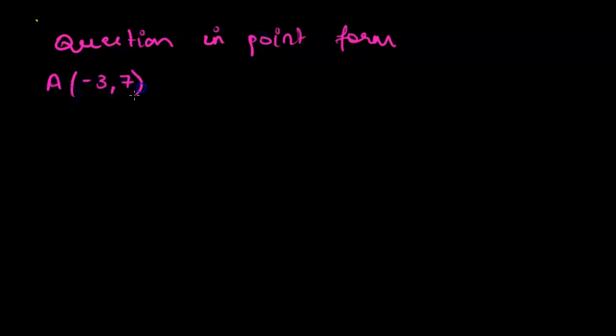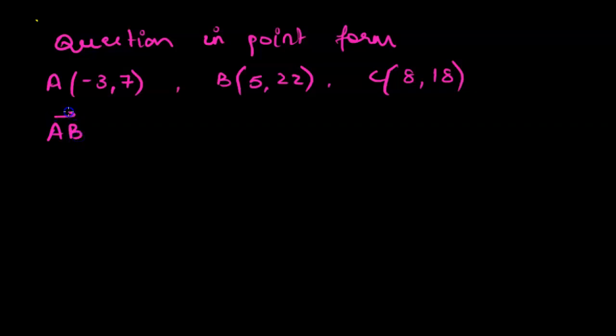Now let's say we're given a question in point form: point A with coordinates (-3, 7), point B with coordinates (5, 22), and point C with coordinates (8, 18), and we are asked to find vector AB. Remember, if we want to draw this vector on a coordinate grid, we make point A first.